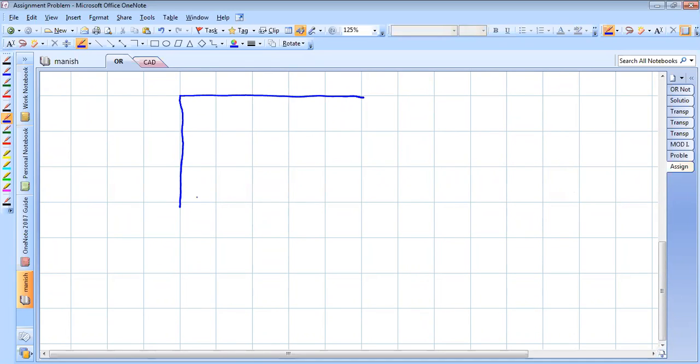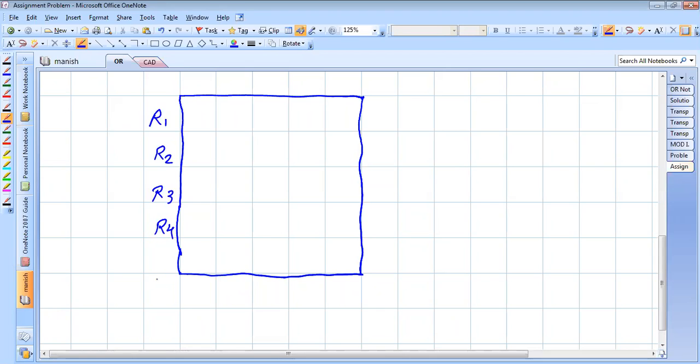Here we will create a matrix like this: 1, 2, 3, 4, 5. So let me take 1, 2, 3, 4, 5. So here we will have resources R1, R2, R3, R4 and R5.